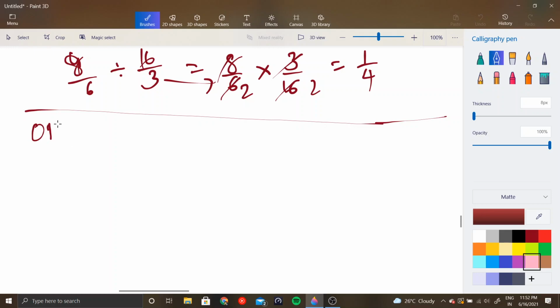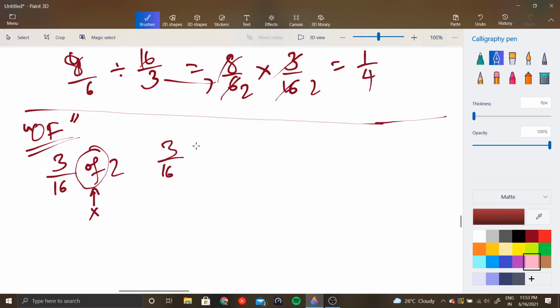One more basic concept is the use of "of". When you are dealing with multiplications, you need to understand the meaning of "of". Now this "of" is not associated with switching on and switching off. This is different. Suppose they give you 3 by 16 of 2. Now in mathematics, whenever you see this "of", you can replace it with a multiplication sign.